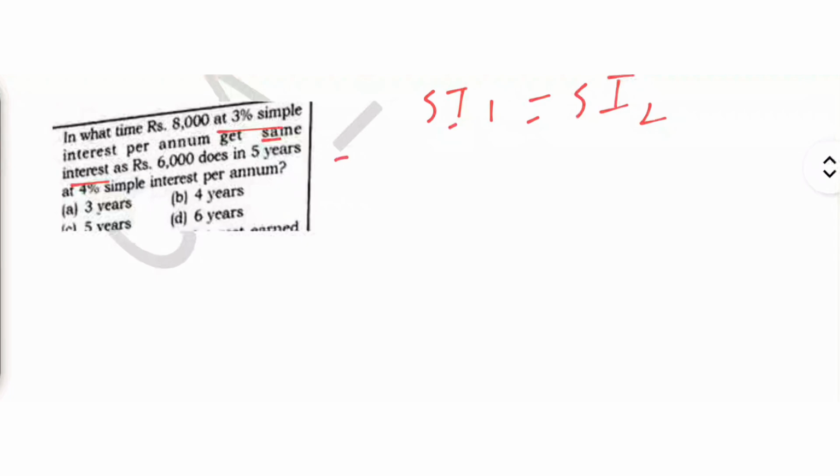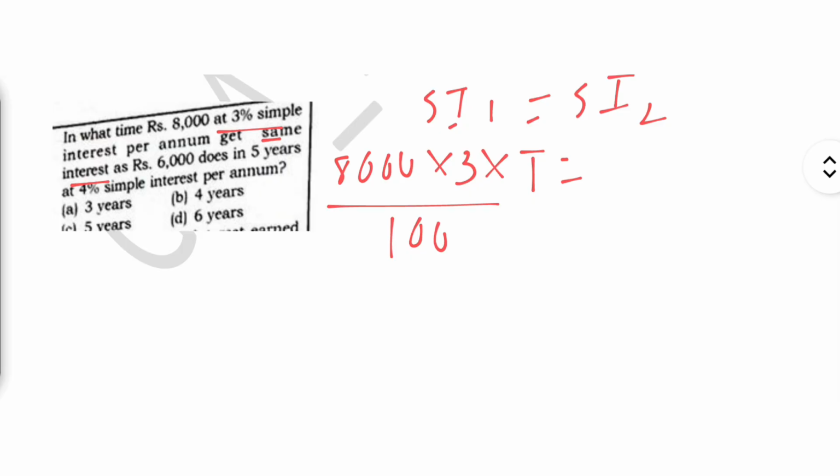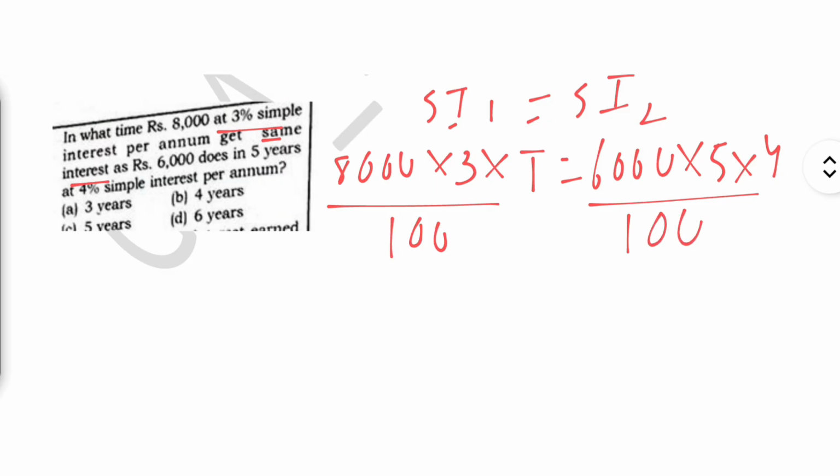We have a principal of 8,000, we have a rate as this, and the t we have to find out, upon 100 equals 6,000 into 5 into 4 upon 100. This and this gets cancelled, this 3 zeros and this 3 zeros get cancelled. Your 3 ones are 3, twos are, this 2 into 4 is 8, and this 8 cancels with this 8. So your t is nothing but 5 years.